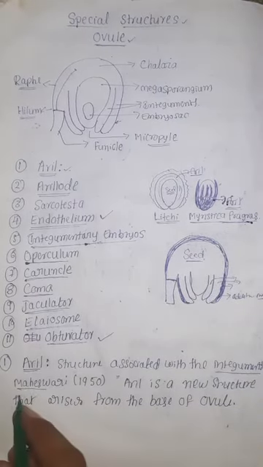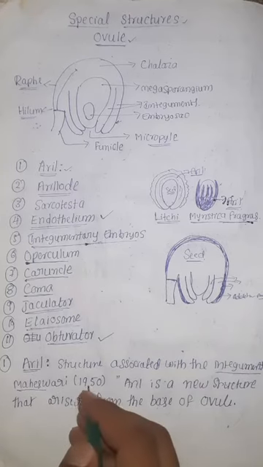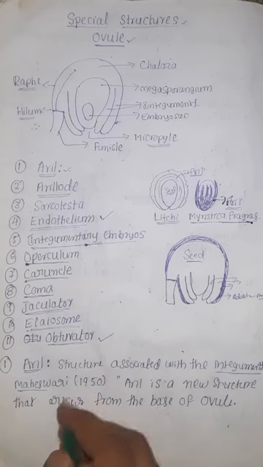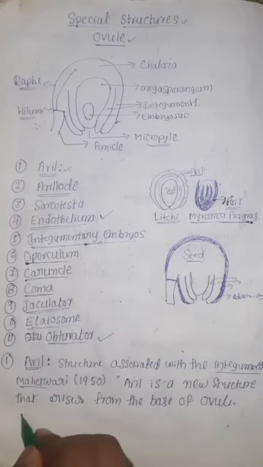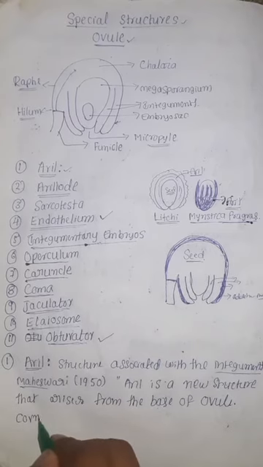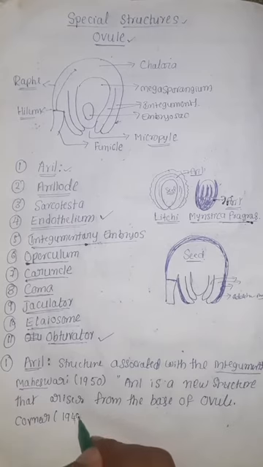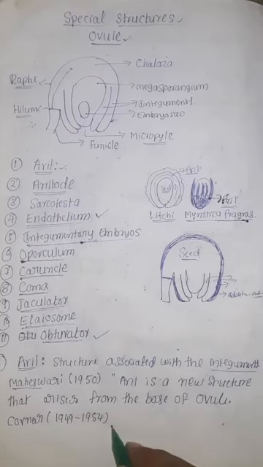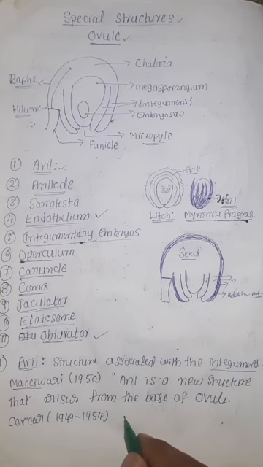Here we have to understand one more thing. As per some scientists, the aril has some evolutionary significance. A scientist called Corner, in 1949 to 1954, opined that arillate families are primitive.